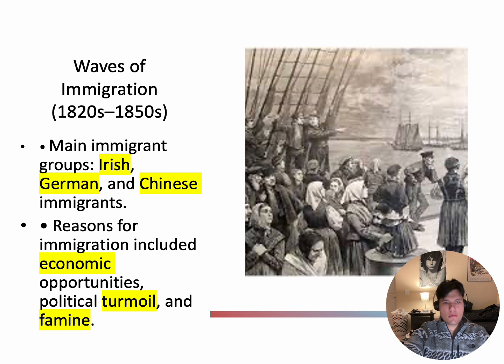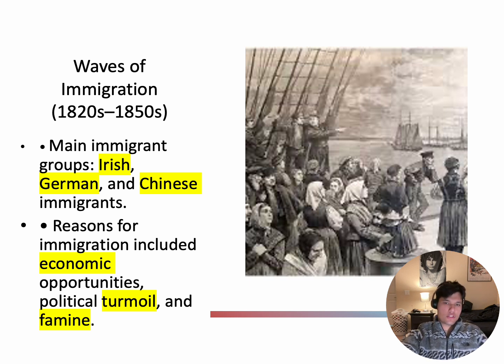All right, so now let's talk about the waves of immigration from the 1820s to the 1850s. For these immigration groups, we saw the Irish, Germans, and later the Chinese coming to America for various reasons. Some came for the economic opportunities that were coming up in America. Others fled political instability, and many, like the Irish, were escaping famine, which is basically dealing with food.